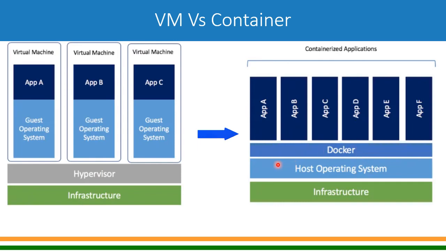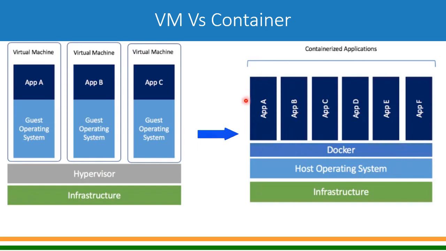On top of that, your applications can now be installed. This could be a VNF or any other application. So the difference is that here you had an operating system in each of the virtual machines, whereas here there is only the host operating system, and these applications actually contain part of the operating system, but these are very light, and they use the kernel of the host operating system itself.